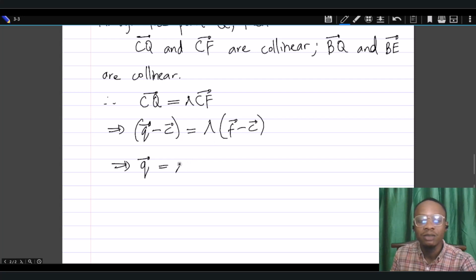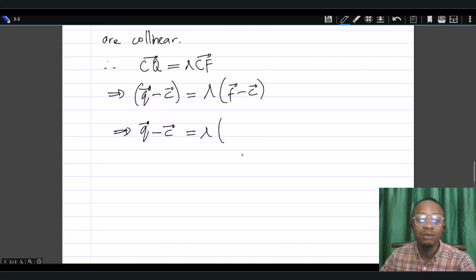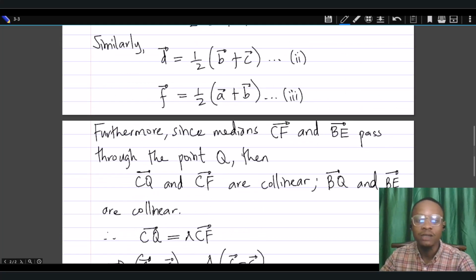If we open up this bracket, this is lambda F minus lambda C. So before we do that, we can say that Q minus C is equal to lambda into F minus C. You will see why we're doing this shortly as we proceed.